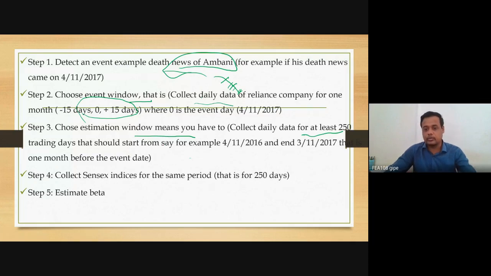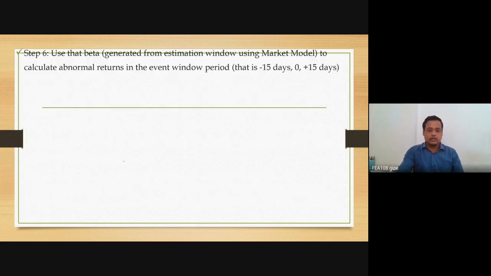That will be before the event, before whenever this event window starts, going back to minus 250. Then you collect the market data or indices data to represent the market return for the same period, then estimate the alpha and beta. That is how we will measure.